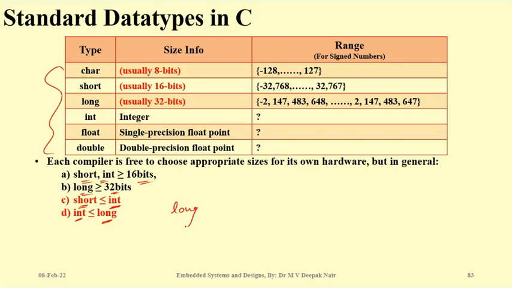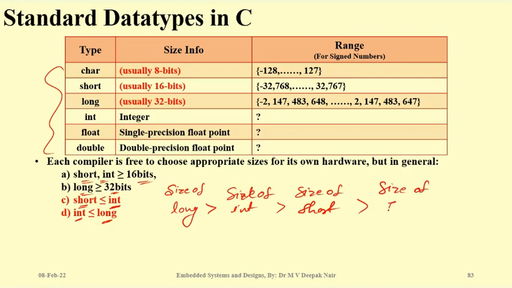So it will be like this: the size of long will always be greater than the size of int, and that will always be greater than the size of short, which is greater than the size of char.